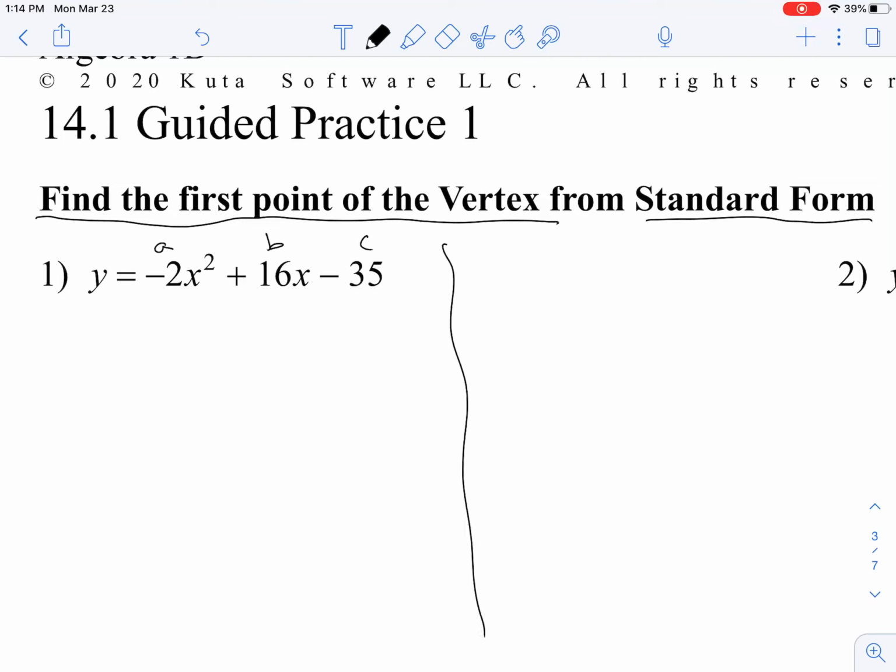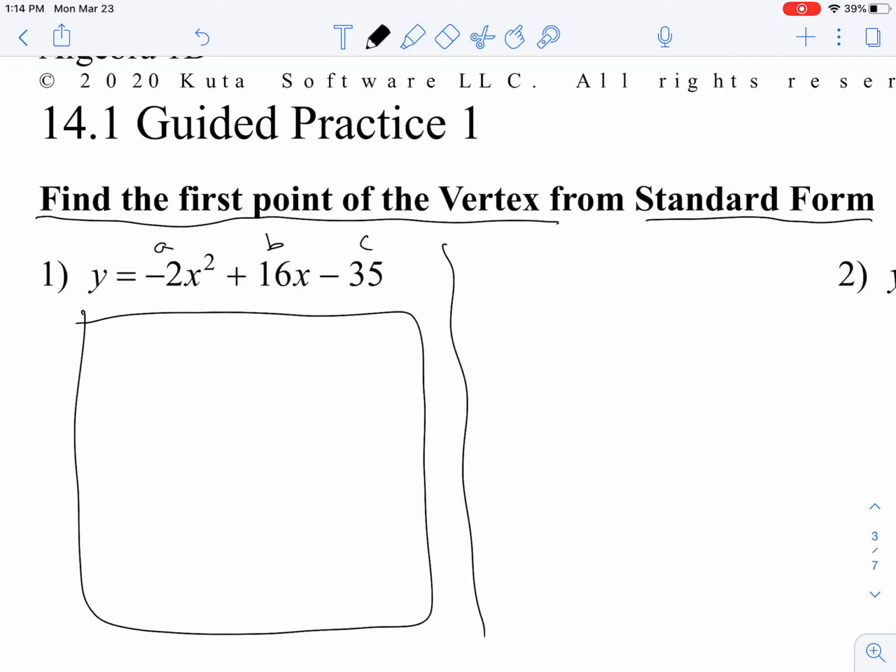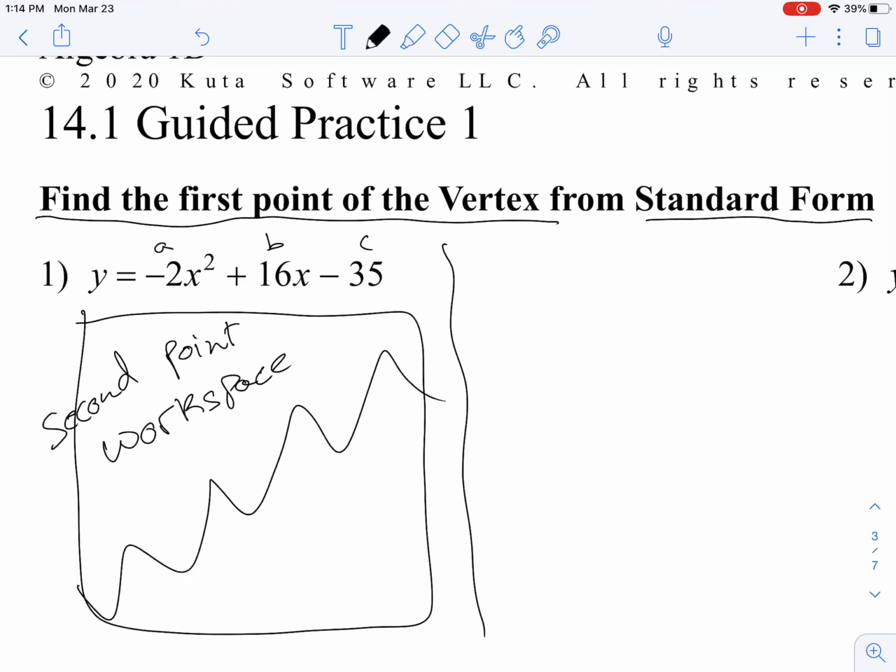I'm going to do some organization here in this space that I just put a big block. We are going to find the second point in that workspace, which we're not doing quite yet, so you don't have to worry about that.